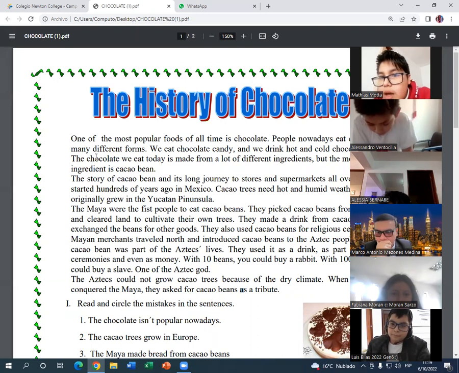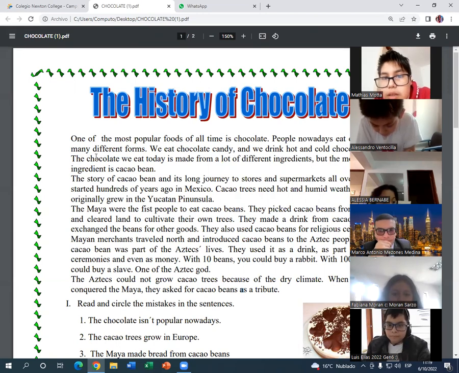They made a drink from cacao beans and exchanged the beans for other goods. They also used cacao beans for religious ceremonies.